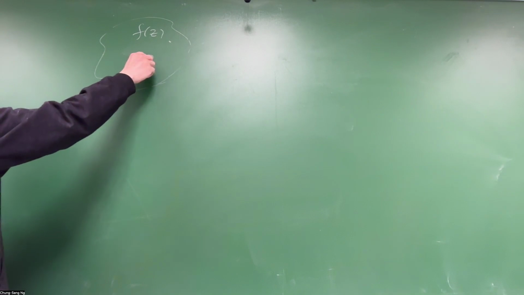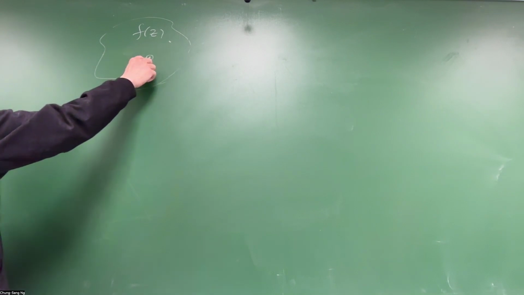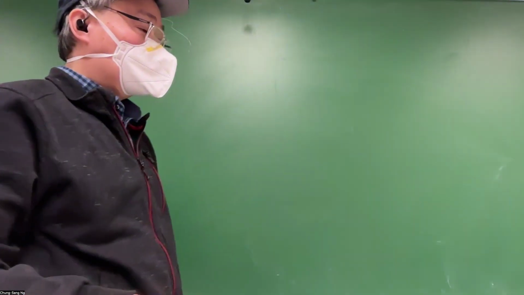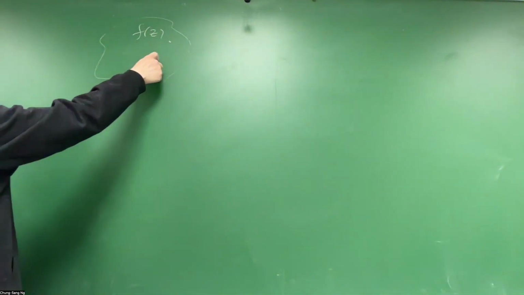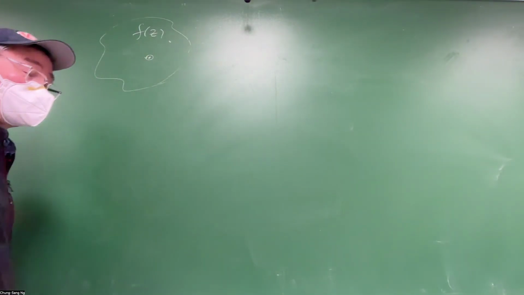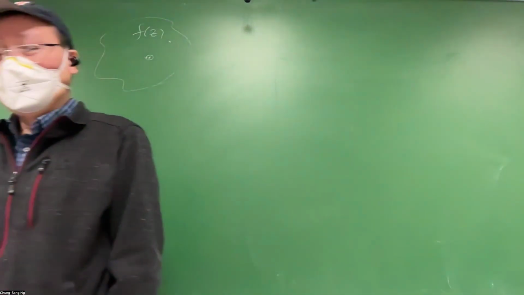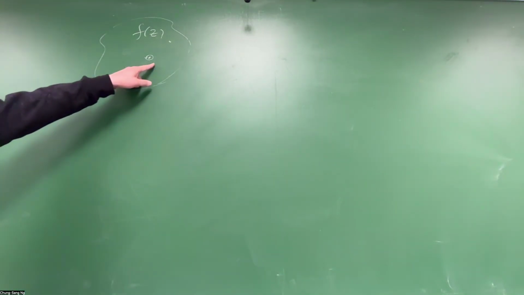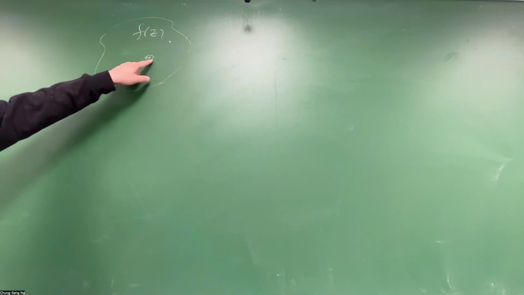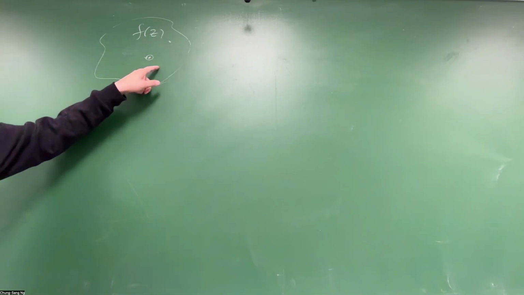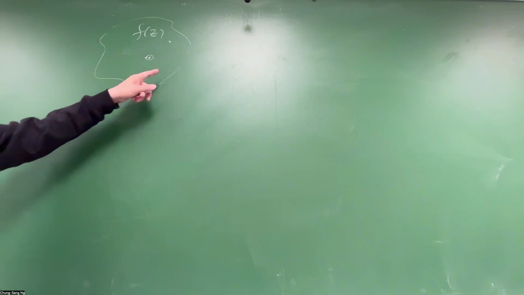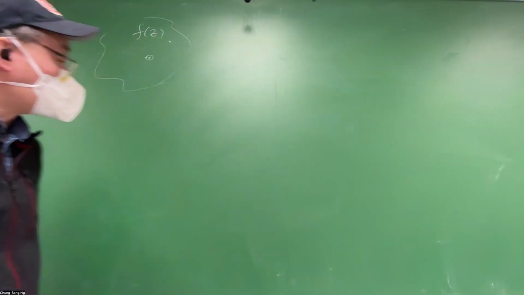Given any point, look at its neighborhood and go around it. If going around a loop you go back to the same function, same value, then that is not a branch point. Although this is a multi-value function, if you just move around a little loop around that point and you go back to the same value, it's not a branch point.